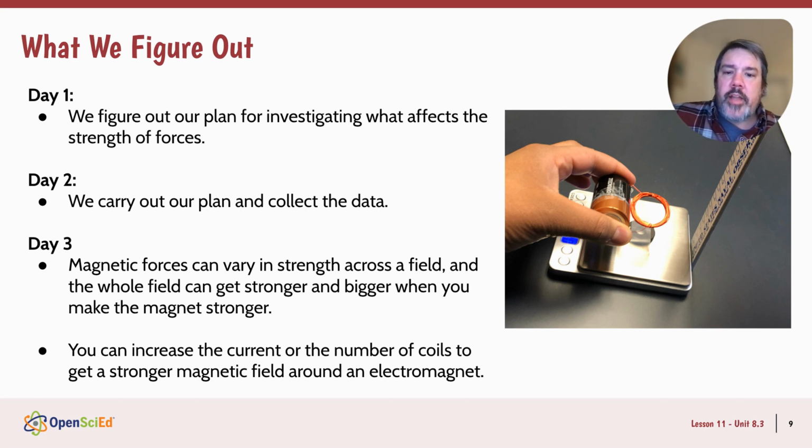And on the third day, we put it all together to figure out that a lot of different variables can affect the strength of the magnetic field, and those variables cause the magnetic field to get stronger and bigger. You can increase the number of magnets and the size of the magnets. You can increase the number of coils. You can make the coils smaller. You can increase the batteries or the voltage. All of that will make the magnetic field bigger and stronger.